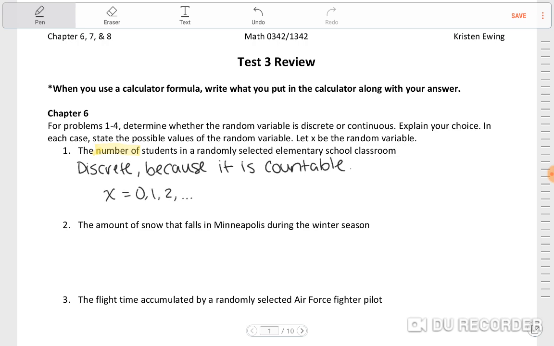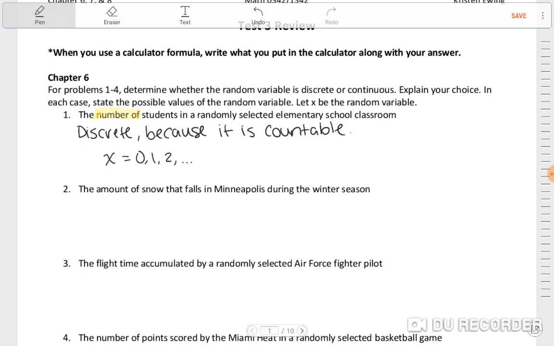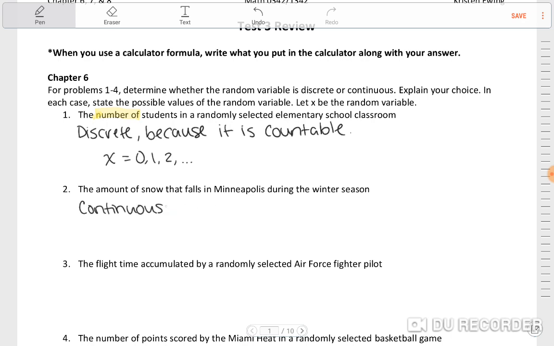Okay. The amount of snow that falls in Minneapolis during the winter season. So amount of snow, this would be a measurement. So for that reason, this is going to be continuous. Did I spell that right? Continuous, yes. Continuous because this is a measurement.